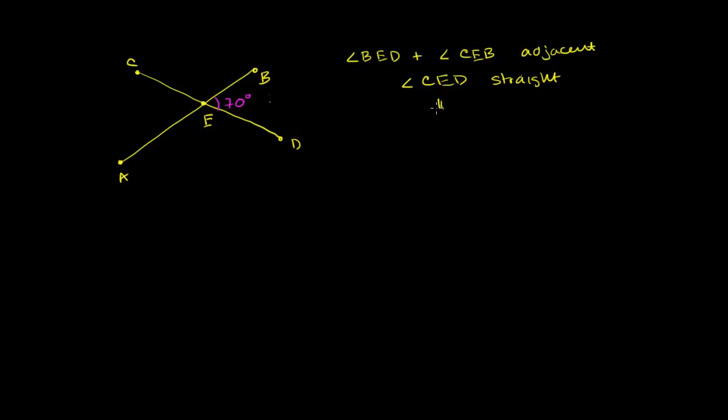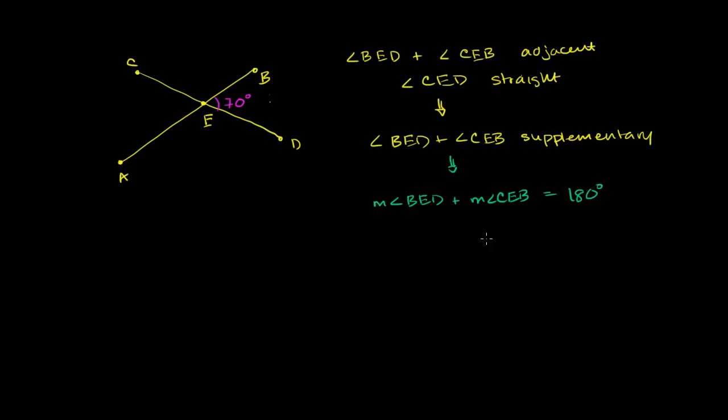So we know that angle BED and angle CEB are supplementary, which means their measures add up to 180 degrees. Which tells us that the measure of angle BED plus the measure of angle CEB, and I keep writing measure here. Sometimes you'll just see people write angle BED plus angle CEB is equal to 180 degrees.